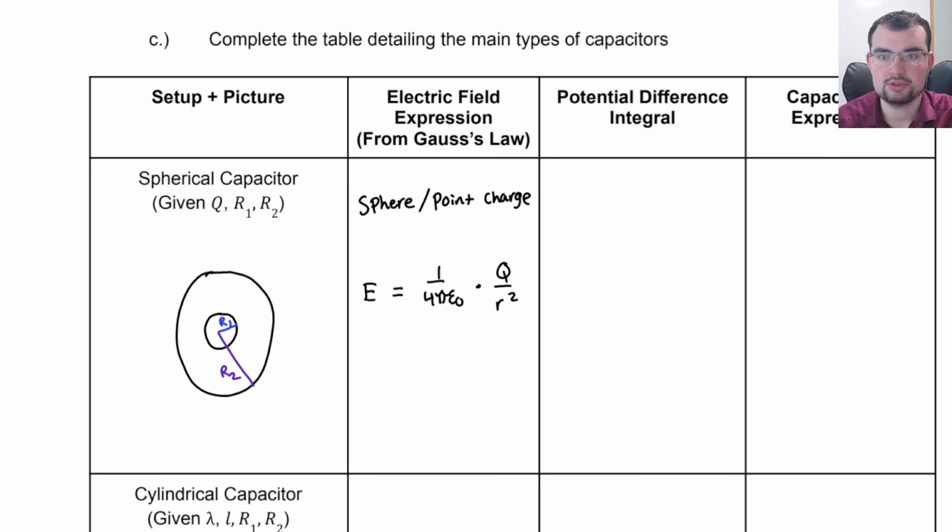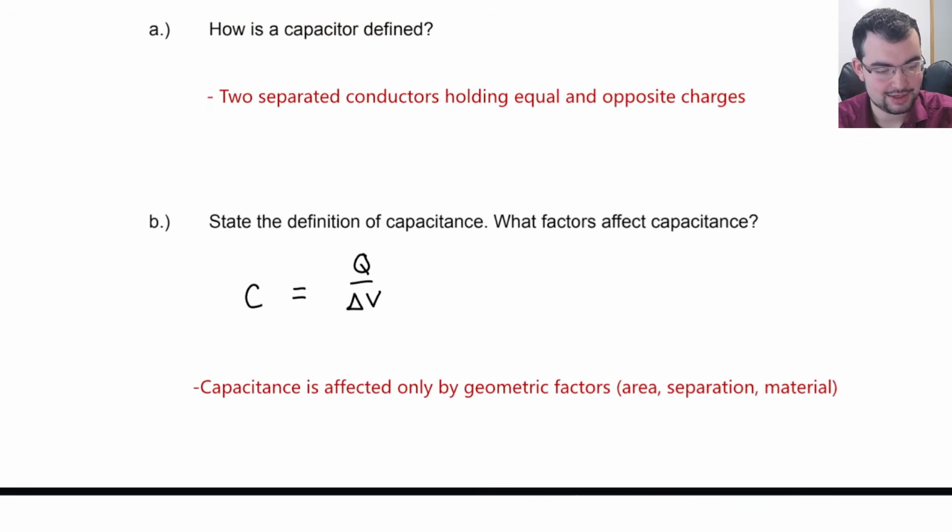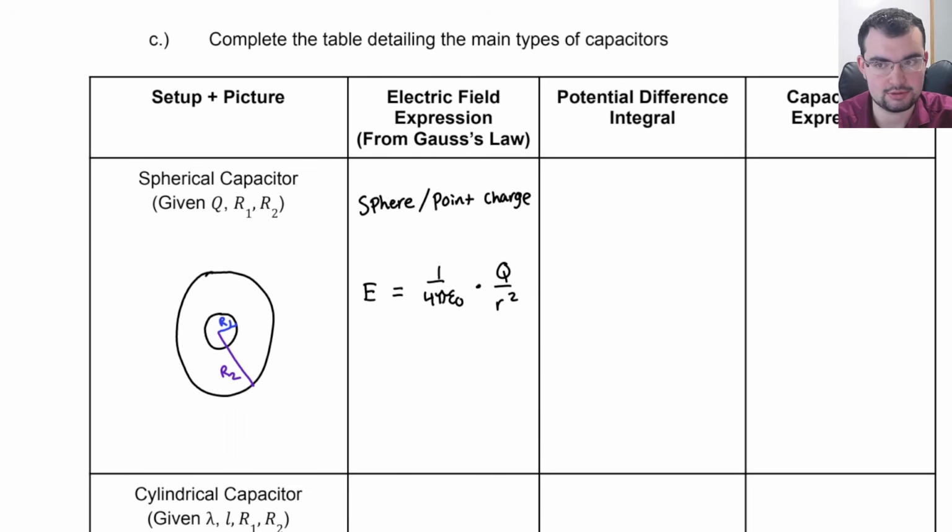So to find the potential difference, we have to use an integral, because again, to get capacitance, it's charge per volt. So you need to evaluate that delta V integral.